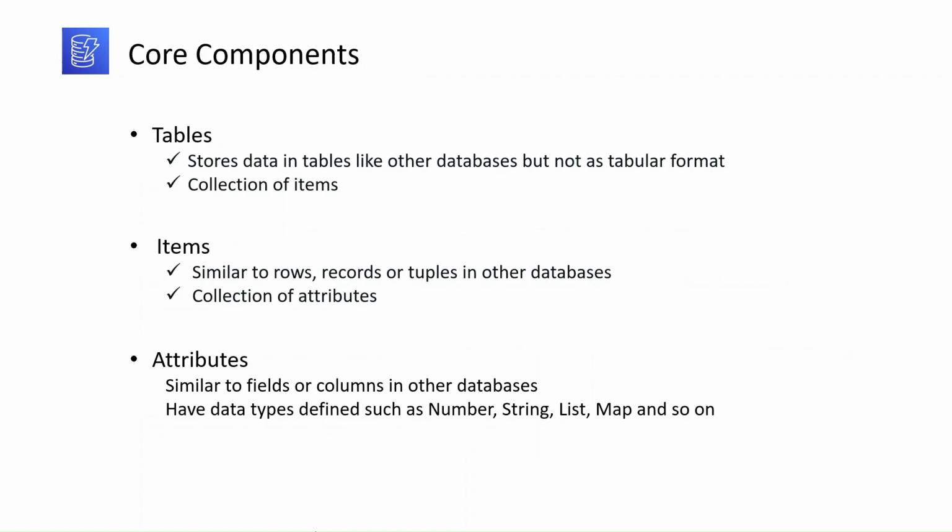These are similar to rows, records, or tuples in other databases, and an item is a collection of attributes. Next, let's see what's an attribute. These are similar to fields or columns in other databases and have a particular data type defined, such as number, string, list, map, and so on.